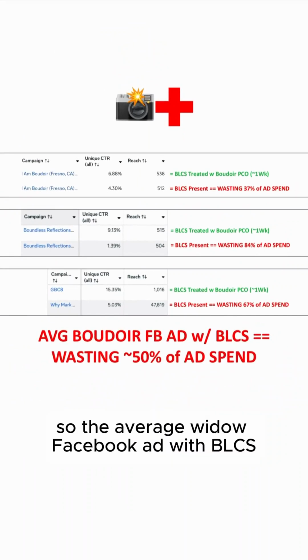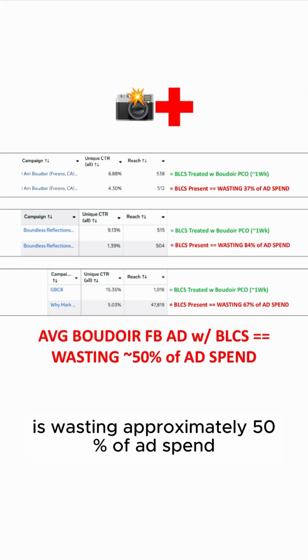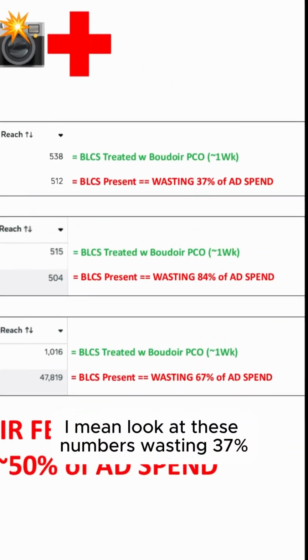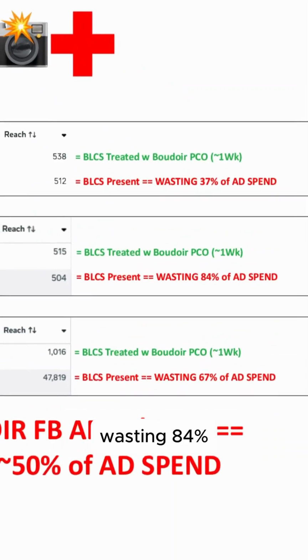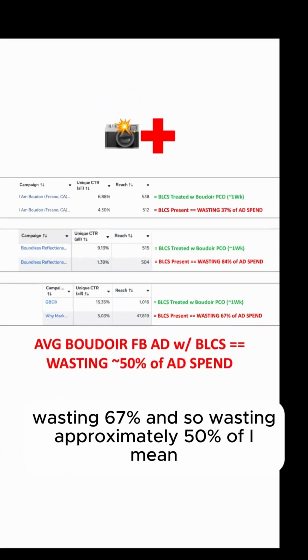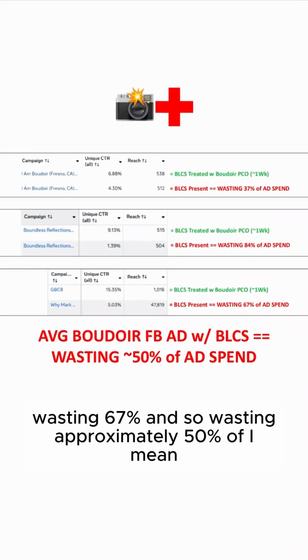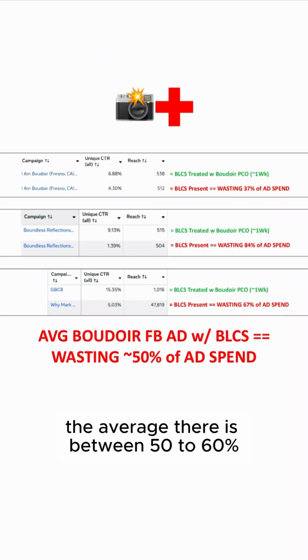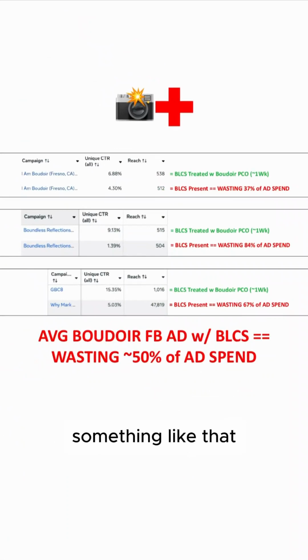So the average Boudoir Facebook ad with BLCS is wasting approximately 50% of ad spend. I mean, look at these numbers: wasting 37%, wasting 84%, wasting 67%. So, wasting approximately 50% of it. The average there is between 50 to 60%, something like that.